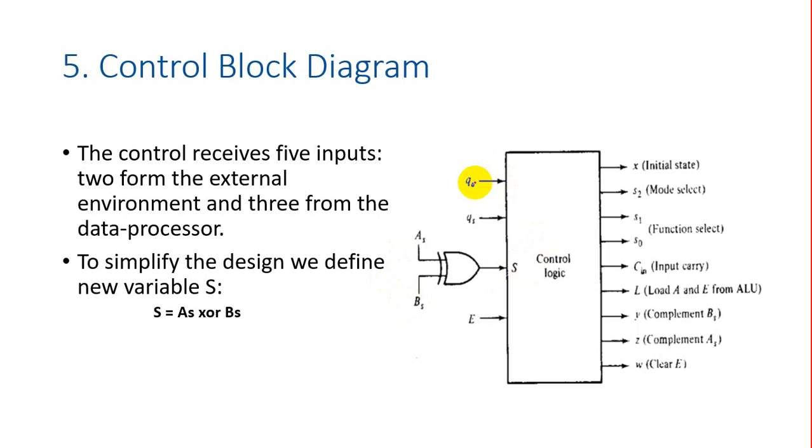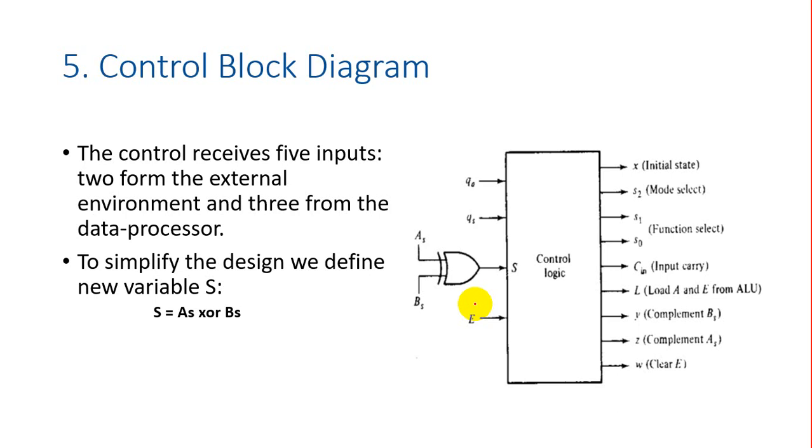QA for addition operation, QS for subtraction operation, sign bit of A, and sign bit of B, and the S is the exclusive OR of AS and BS. Okay, this is the S bit. And one more control signal we need at the input part is the E.